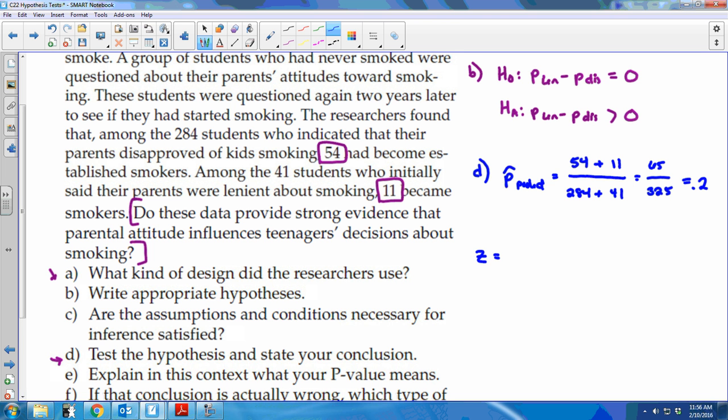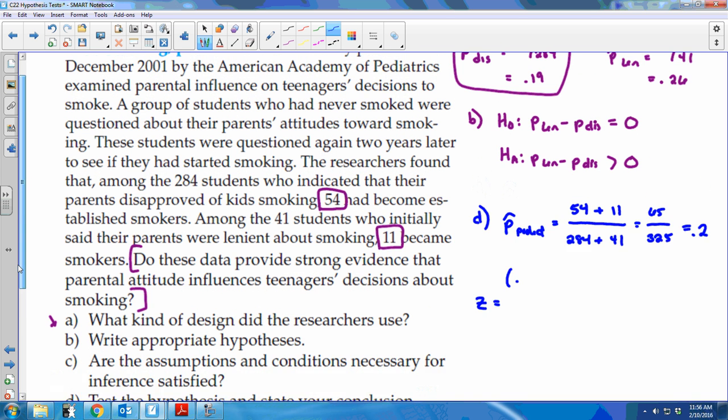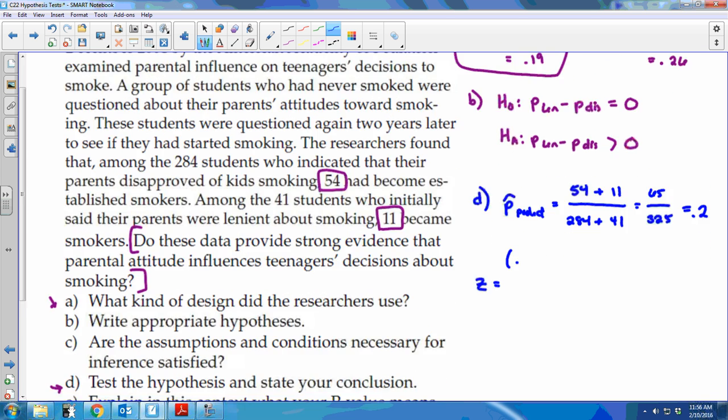So z is the difference in your proportions. So 0.26 minus 0.19 is the difference in our two proportions in our sample. Minus the difference in proportions for the null hypothesis. We're assuming there's no difference, so minus 0.